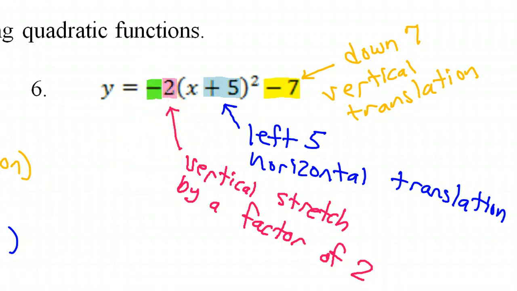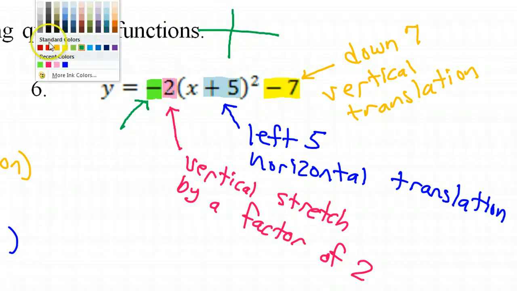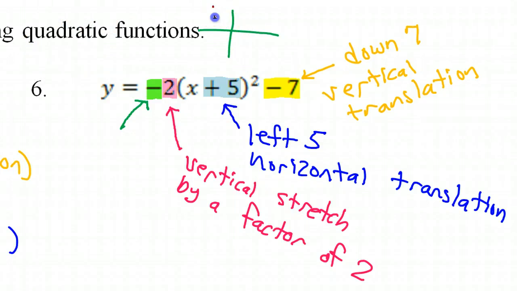Except be careful, because now this negative sign in the very front comes along and it has something to say about it. Remember that negative sign, we could say it's going to turn things upside down. It's going to take it from being like this to all of a sudden being like this.